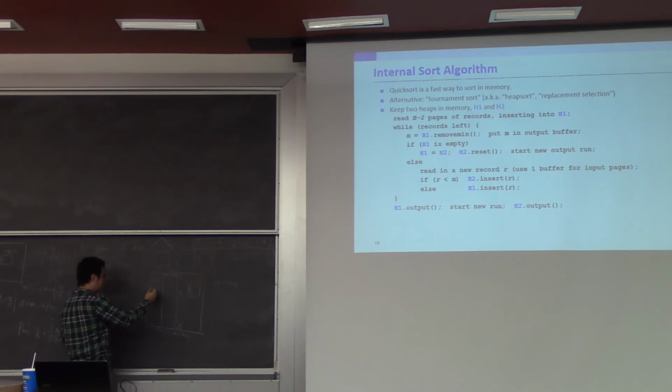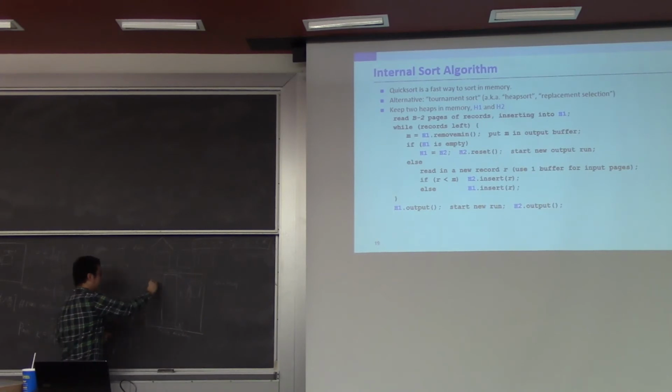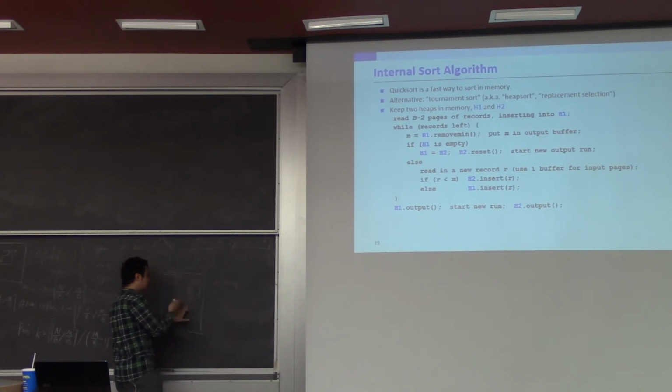So let's use the same notation here. Say the element you remove from H1 is m, the key of it is m. And the first tuple in the input buffer is R. You can think about our analogy before. Since m is already in the output buffer, you cannot output anything smaller than m into the output buffer anymore.